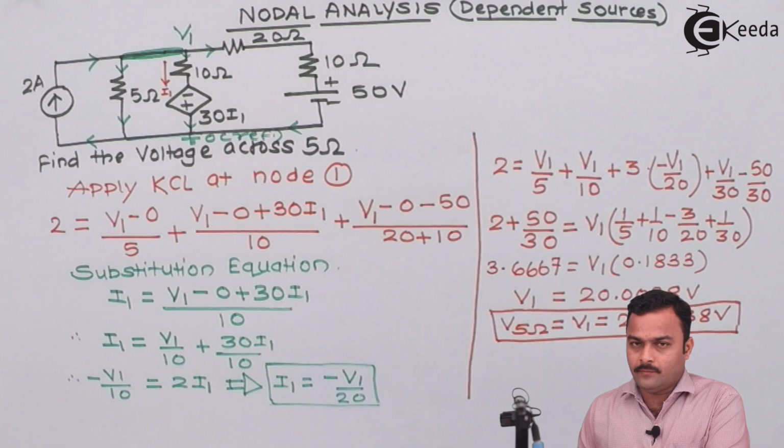This is a very important thing. We will see in subsequent videos how, if we are not checking the current direction or voltage polarity and not maintaining it the same as given, our answer may go wrong. Thank you.